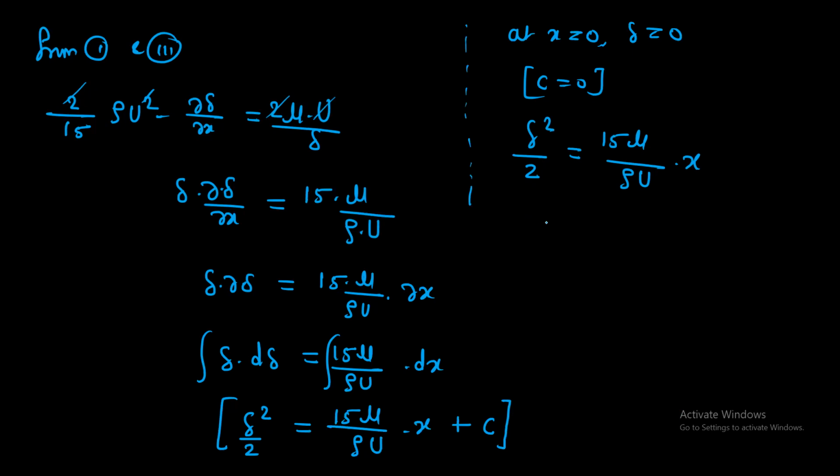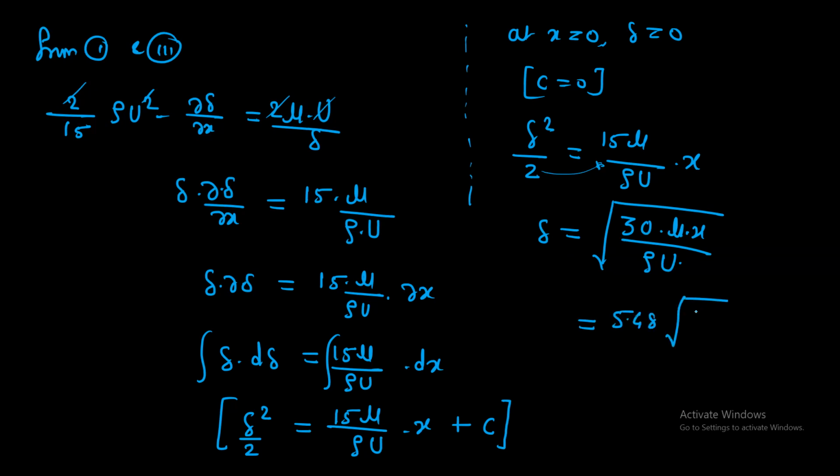And from this we get delta. If you rearrange the term, so this is equal to the square root. You can take this 2 on this side, so it will become 15 into 2, so it is 30. So 30 mu into x divided by rho into U. So this is the equation for delta, which is the boundary layer. Now if you take the square root of 30, so this is equal to 5.48 in the square root. So the value is mu x divided by rho U. So this is the value for delta.